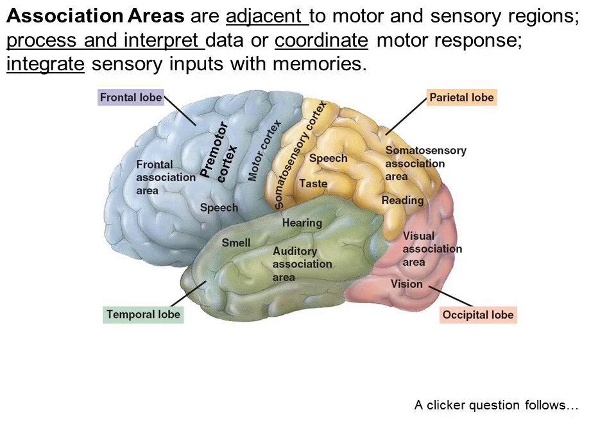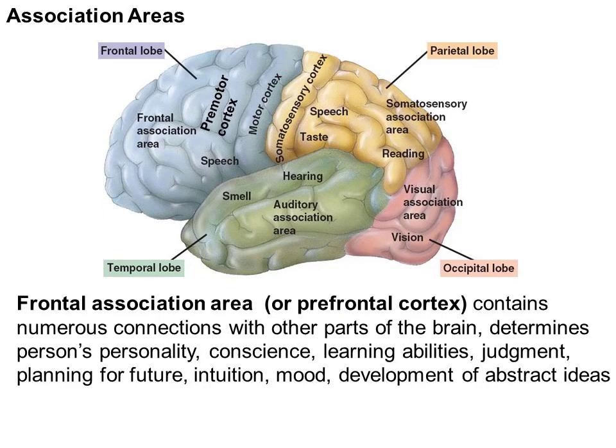Now we're going to start with this frontal association area. Not necessarily the most important, not necessarily the biggest, but this association area is often called the prefrontal cortex. Essentially, all that you are happens in the prefrontal cortex.